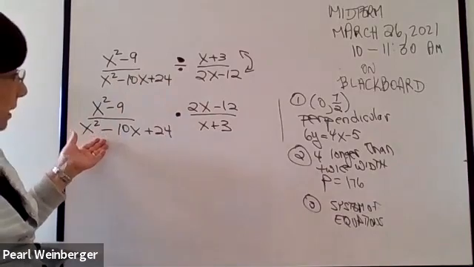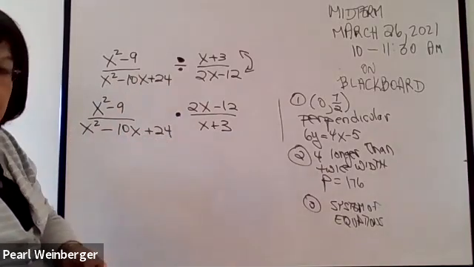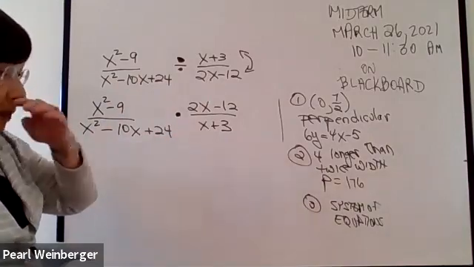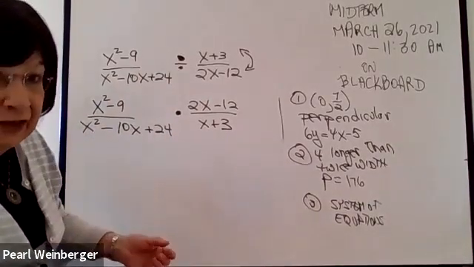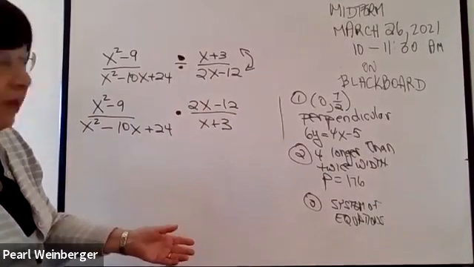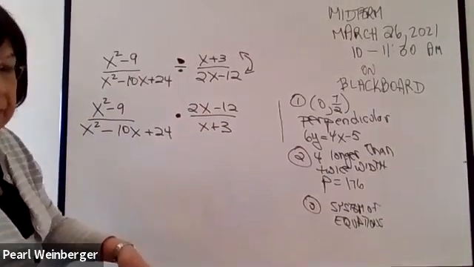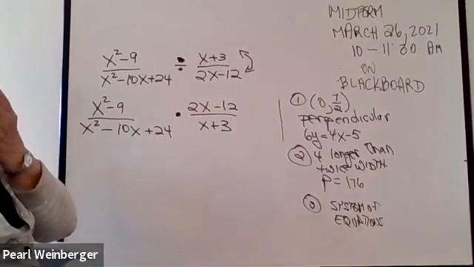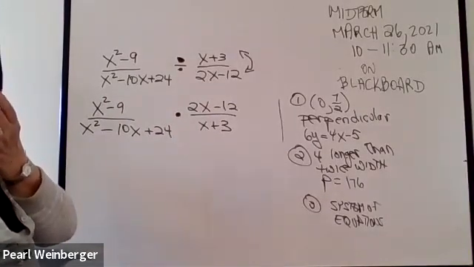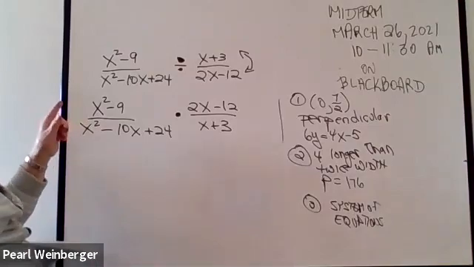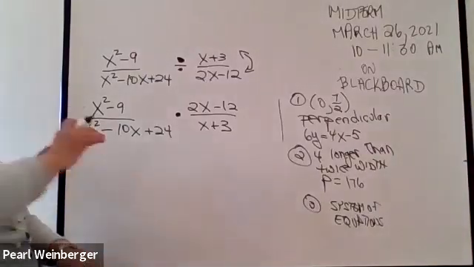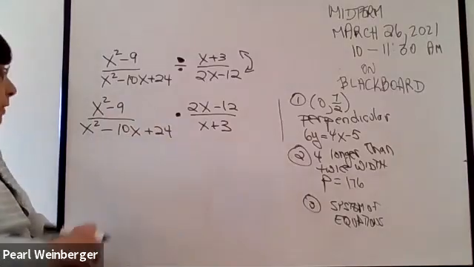I'd have to multiply a trinomial by a monomial, and then I'd have to try and factor to see if I could reduce anything. So if you remember, I talked about something called cross canceling. What you can do is totally factor everything first.